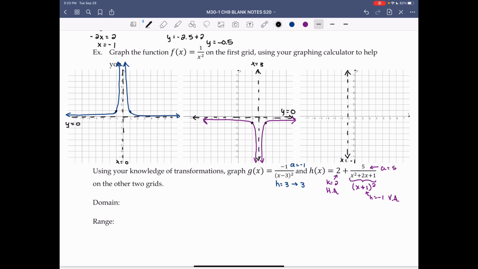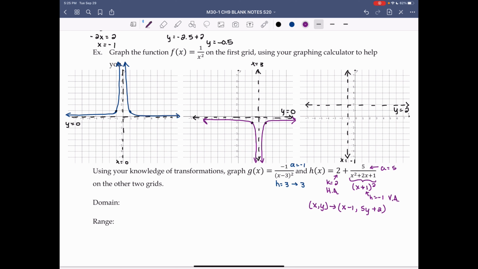Horizontal asymptote at 2. We have the points on our original function, -1, 1, and the other point 1, 1. We can use mapping notation to plot those points on our transformed function. Mapping notation in general for this would be x, y goes to x minus 1, 5y plus 2.